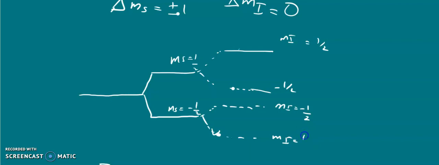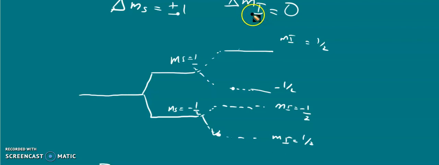and the lower energy level corresponds to mi equal to plus half. So now the selection rules are given by delta ms is plus or minus 1. That means ms should change by plus 1 or minus 1, and delta mi is 0. That means mi should not change.